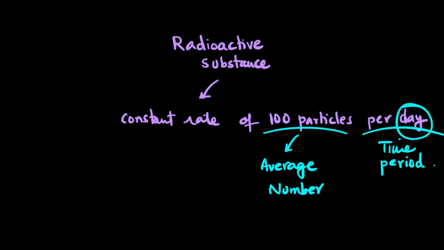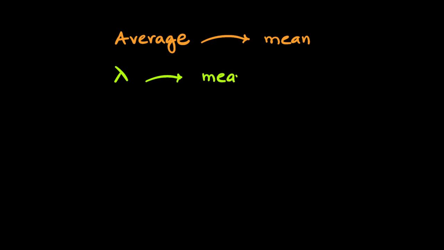So now we are in a position to define Poisson distribution. First of all, let me use the term average and its equivalent word, that is mean. Let me use the symbol lambda. This is for mean number of occurrences.